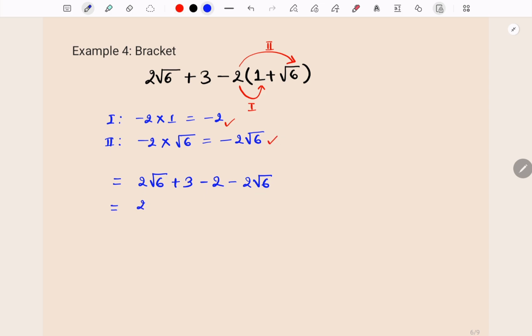You can see that I can easily club the like terms together. 2 root 6 minus 2 root 6, that is 0. And then we have 3 minus 2. 3 minus 2 is 1. So 0 plus 1 is 1. And it would be the final answer.